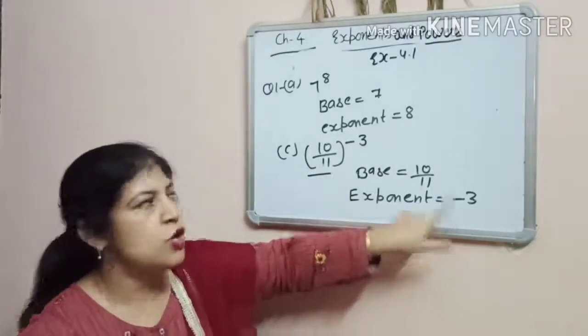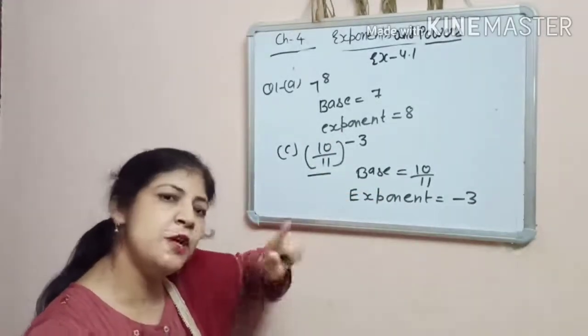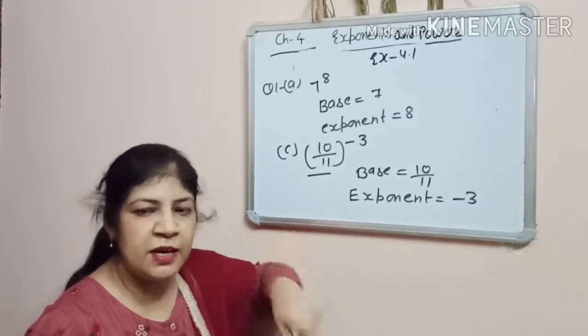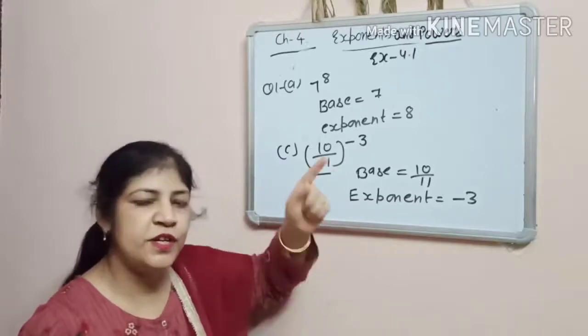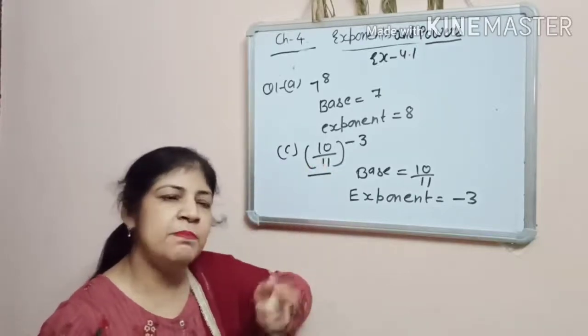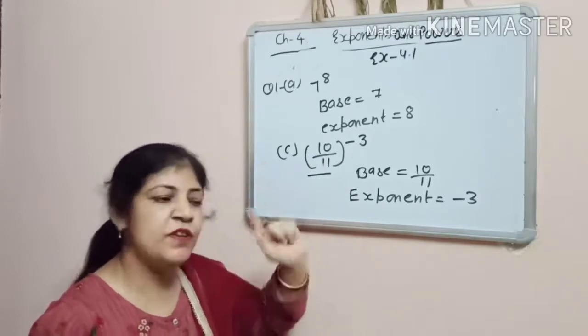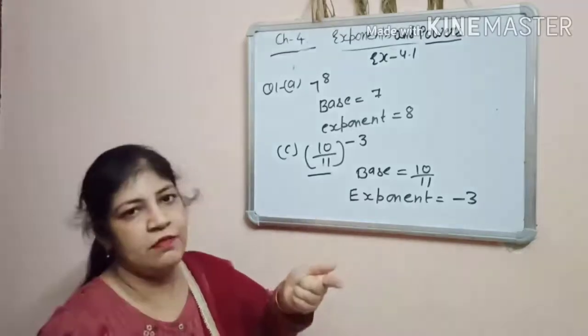Is that clear? So what do you mean by the base, exponent and powers? How many times a variable is multiplied, that is called its power. If it is multiplied 4 times, it means the power of that variable is 4. If it is multiplied 5 times, the power will be 5.